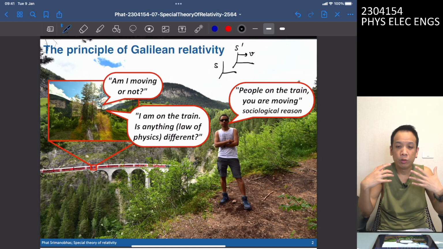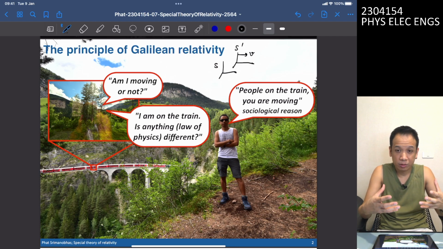You will know that you are moving when the train decelerates or accelerates, and then your body still keeps your previous velocity, and you see the effect of that.